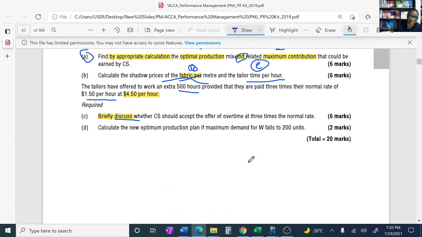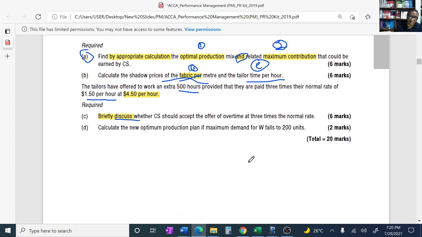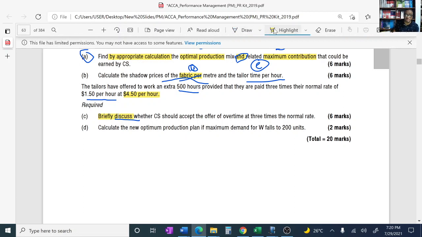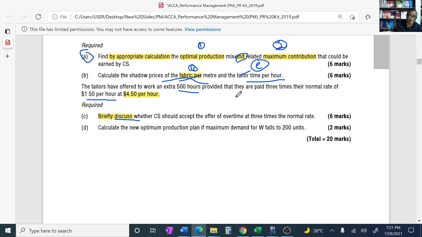So the maximum premium, I'm talking about 1.5 plus a shadow price of 4, giving us 5.5.